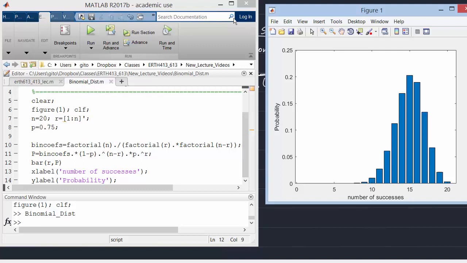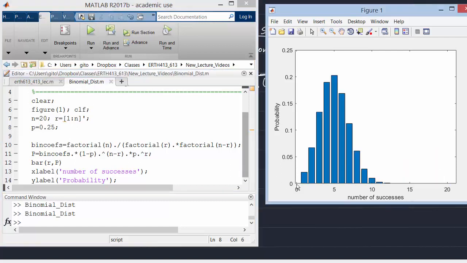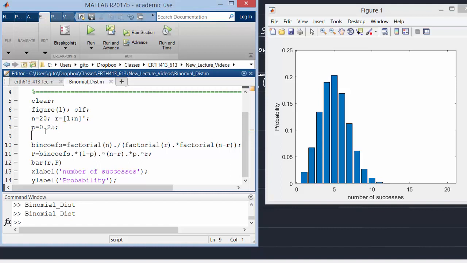If I were to change this from 0.75 to 0.25 and run it, then the highest probability again occurs at 5 out of 20 successes, which is centered on 25%. But it's still possible that even with the probability of a single trial getting a success being 25%, you can drill 20 holes, for example, and get 10 successes.